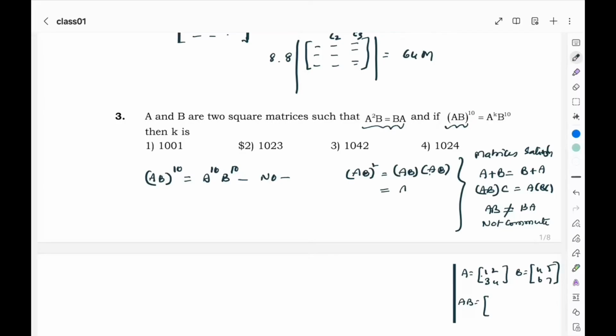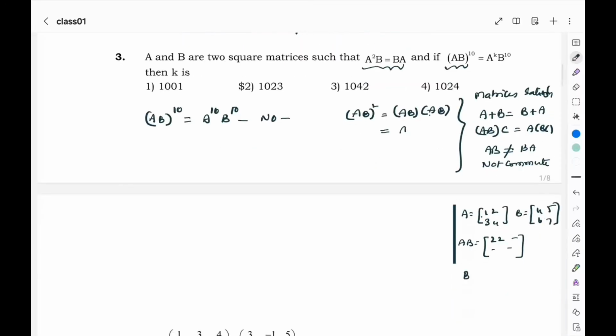The first entry, if you find out 1 into 4 plus 2 into 6, you get 16 plus some elements. If you take BA, that is 4 into 1 plus 5 into 3, 19. So obviously one entry is not the same. This is called the commutative property. Matrices need not commute with each other.